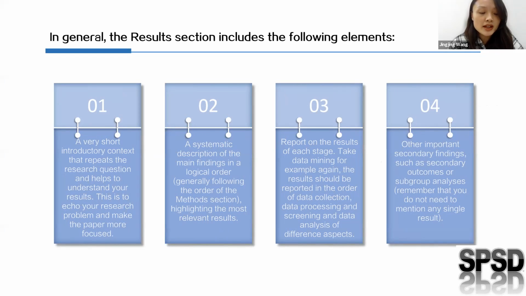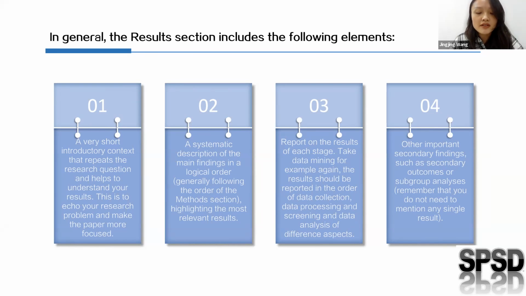Then a systematic description of the main findings in a logical order should follow. And you should highlight the most relevant results. The second part sometimes can be combined with the first one. And then you should report on the results of each stage.